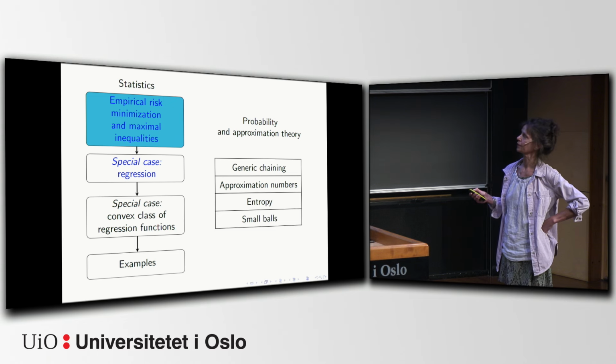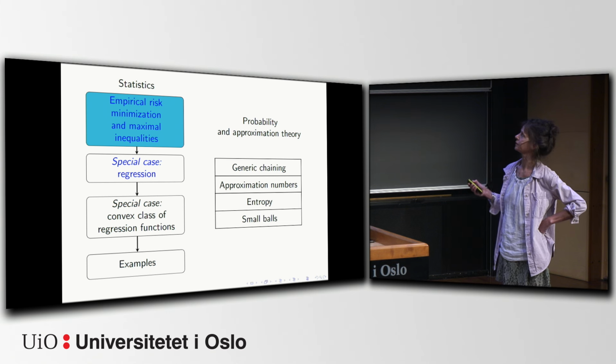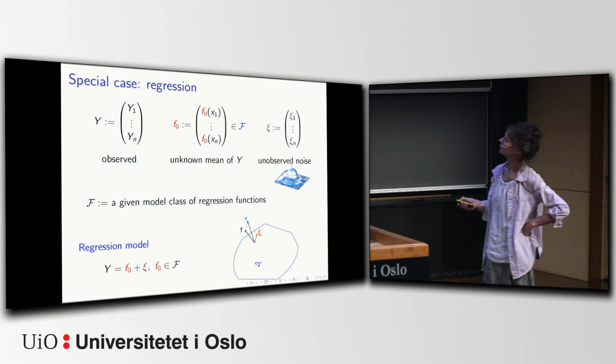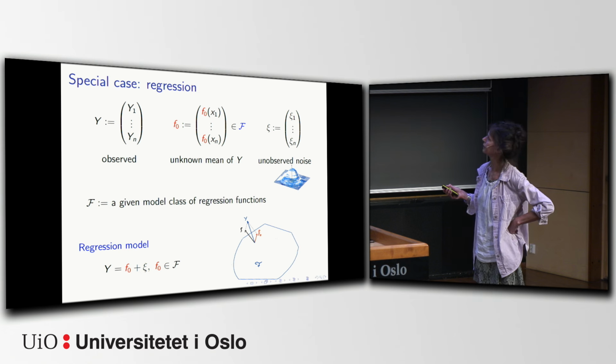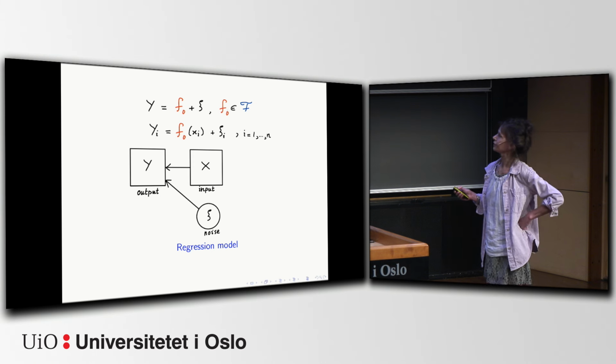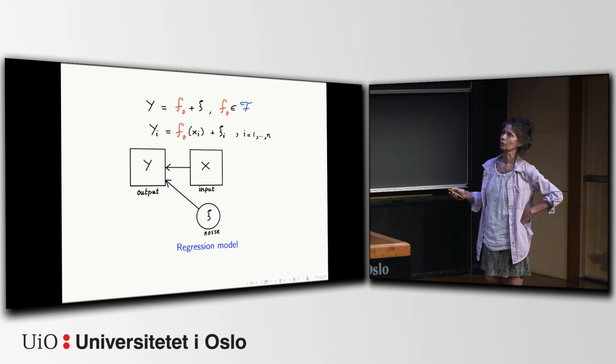And then as a special case, I'm going to look at the regression model. So what's regression? Maybe I'll go to the next slide. Regression is that you have an input x and an output y, and then there's noise.